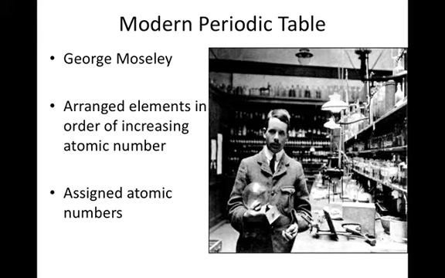Now, we know that the atomic number is the fancy blue number that we see on Miss Freeman's periodic table. Those atomic numbers were assigned based on the number of protons. So it's not Moses, it's George Moseley who arranged them in order of increasing atomic number. That's our modern periodic table.